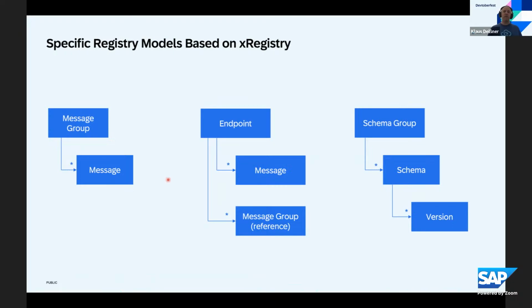But a special case of this message group, if you not just define an abstract group of messages that might be used somewhere, but you want to point to a specific endpoint that makes use or supports these messages, then you can have the endpoint, which is, you could say, a specialization of message group even.